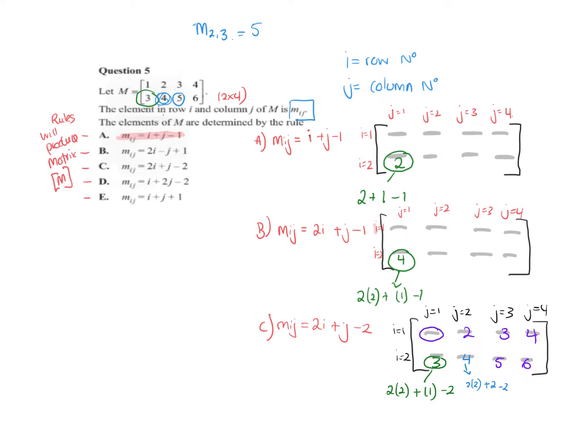So we'll just double check this one to practice. So it would be 2 times i, which is 1, plus j, which is 1, minus 2. So that ends up being 1, which you can see is also up there. All right, so if you check that out, you'll see C is the answer. So we're going to go with C.